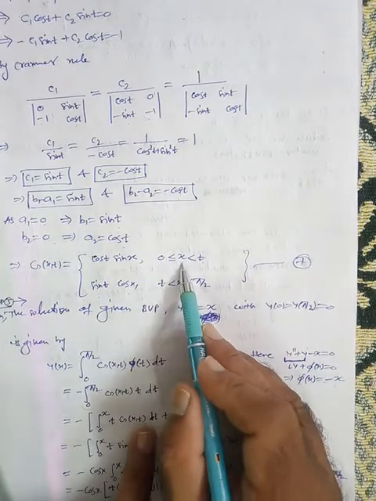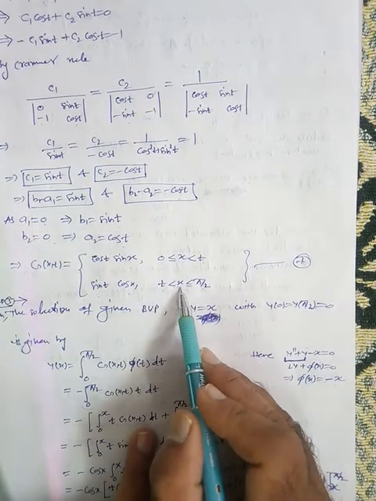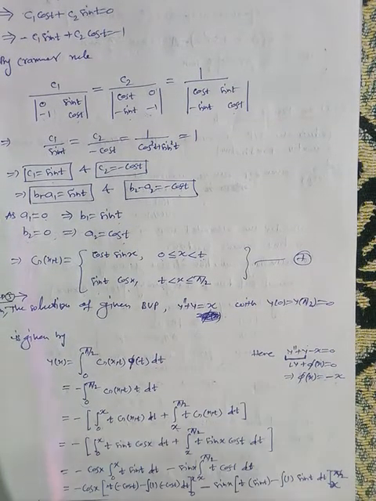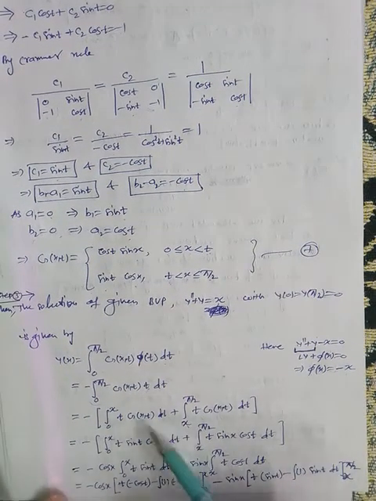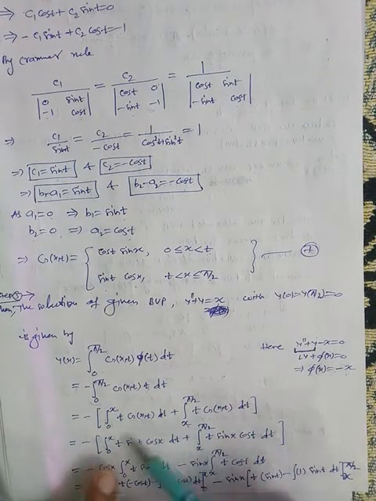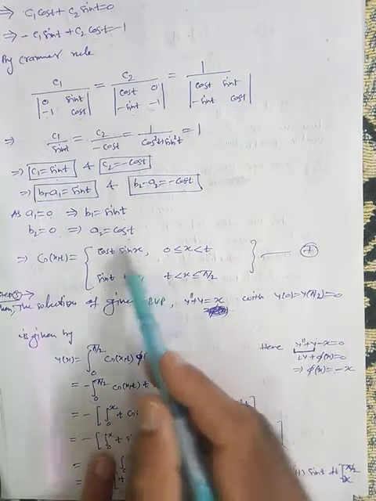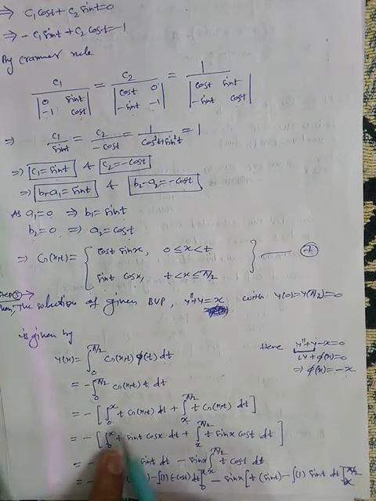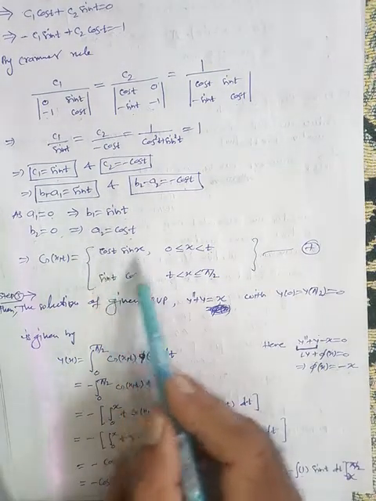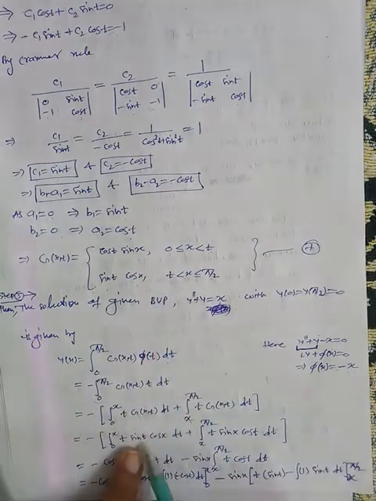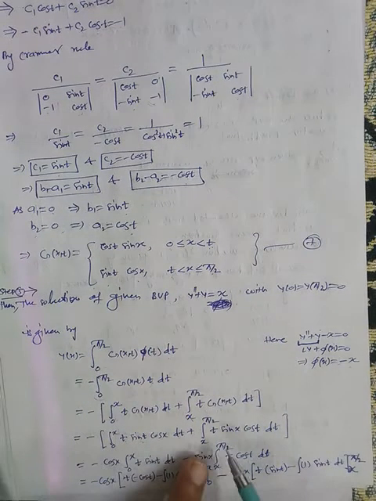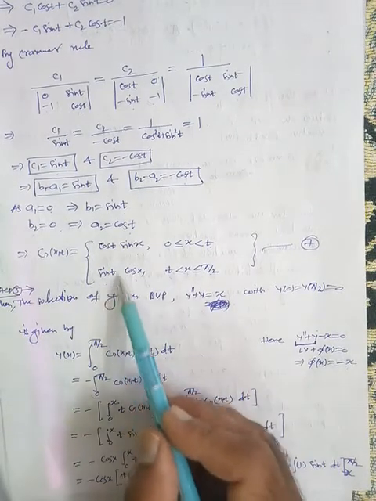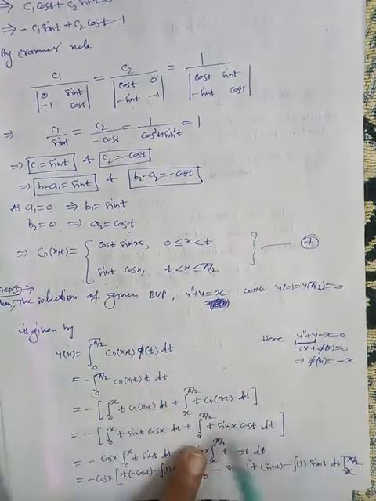In the range from 0 to x, the function will be with x and t interchanged, so we get t cos x sin t dt, plus from x to pi by 2, sin x cos t.